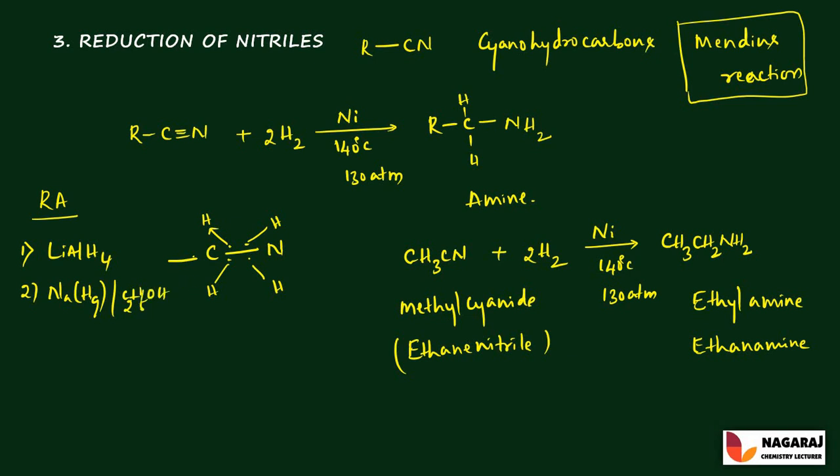So these two reducing agents are also used to convert nitriles to amines. The Mendius reaction is the reaction that takes place in the presence of nickel and hydrogen.